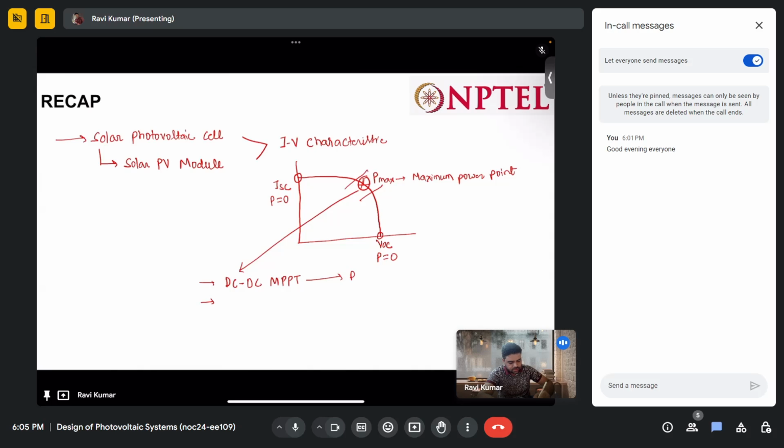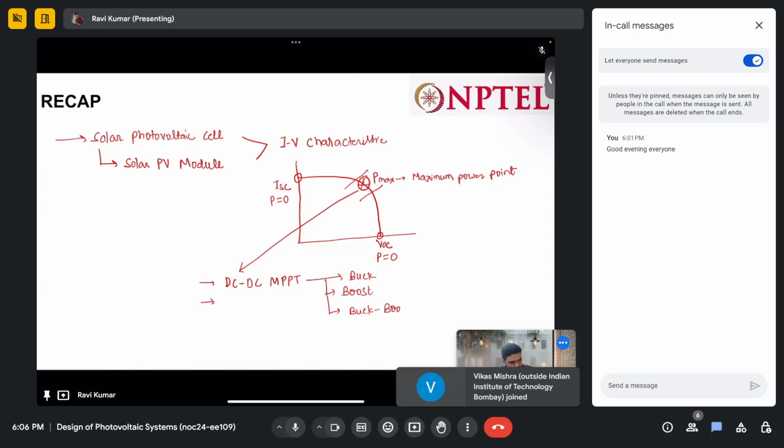Particularly we have seen buck, boost, and a combination of buck boost converter. So this is all about our recap.